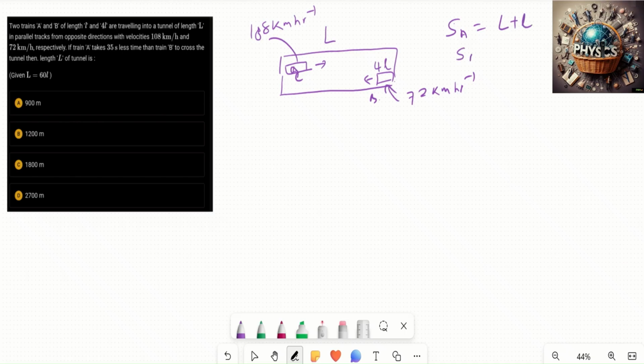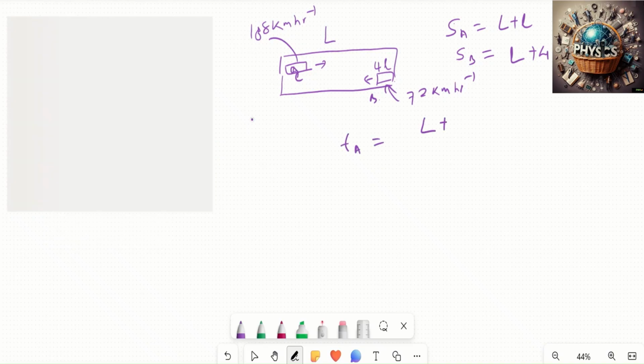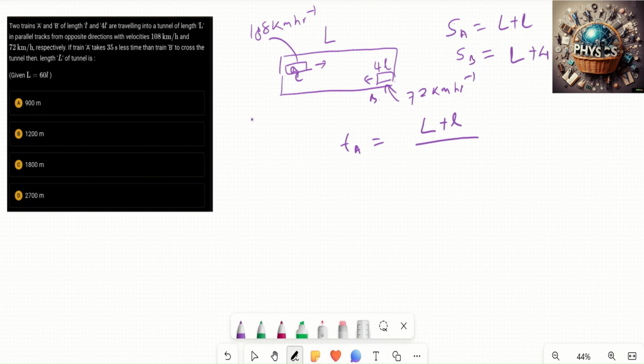Similarly, the total distance train B will cover will be capital L, the length of the tunnel, and its own length, which is 4l. This is the first thing we need to take into consideration. Then comes the time taken. Since it is constant velocity, time is distance divided by velocity. So TA is equal to capital L plus l by 108.